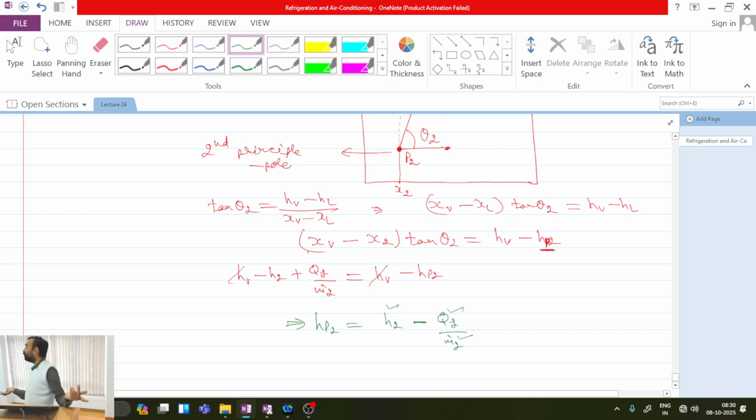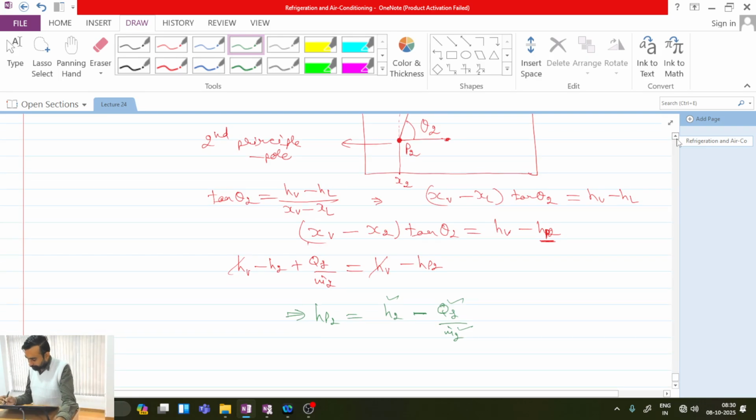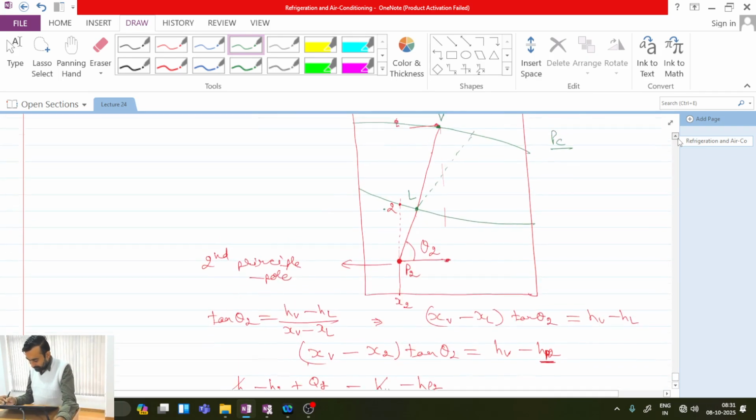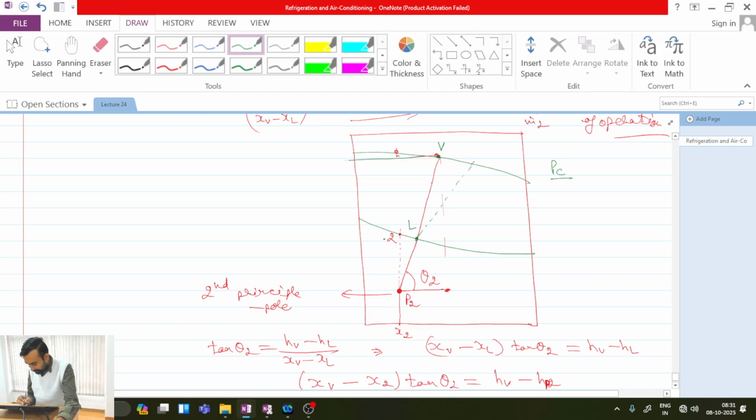It means HP2 will always remain a fixed quantity. Here you can see this part is HV minus H2.